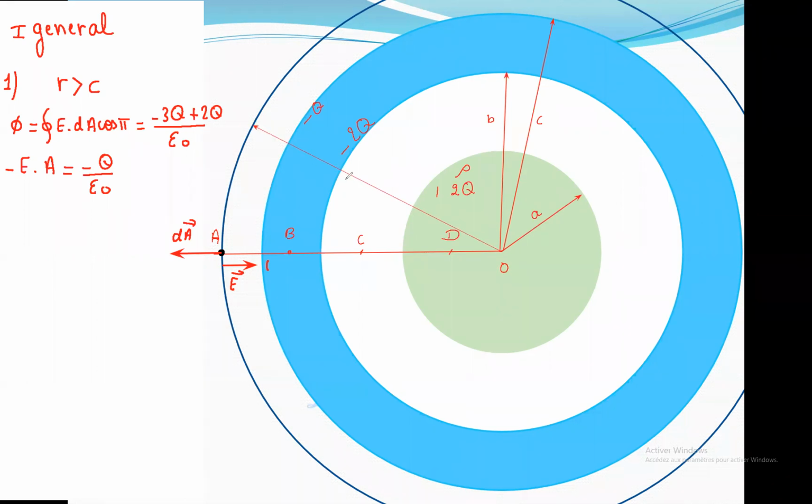It's the radius of the Gaussian surface. So we get E equals Q divided by 4 pi epsilon 0 times r squared. This is the value in the region between C and infinity.